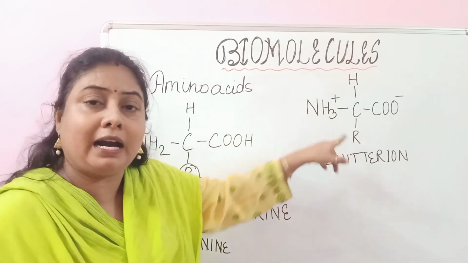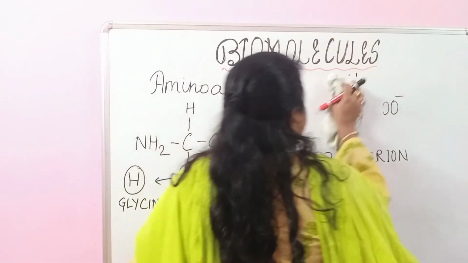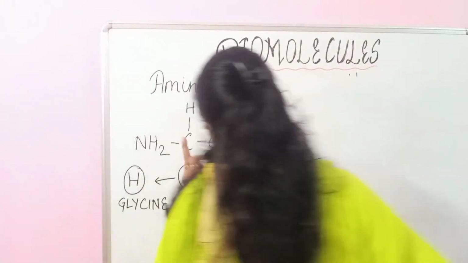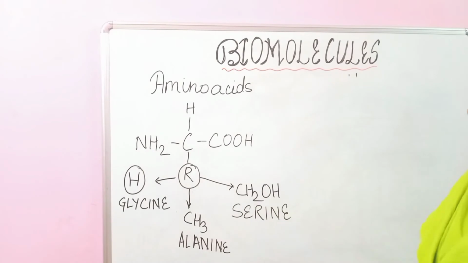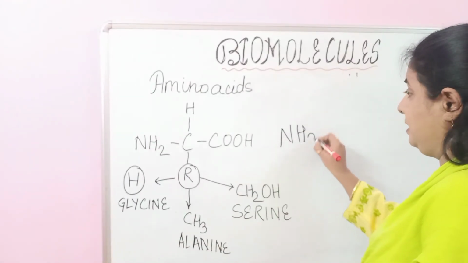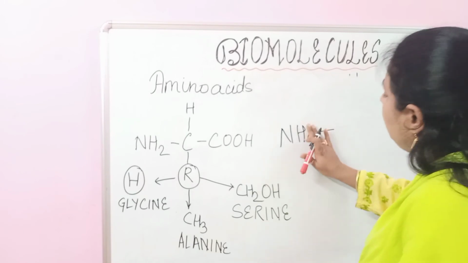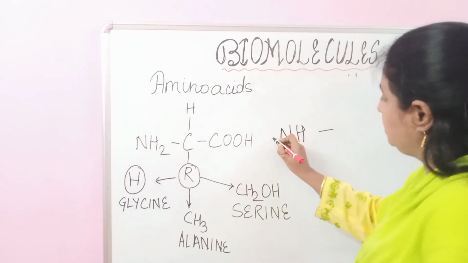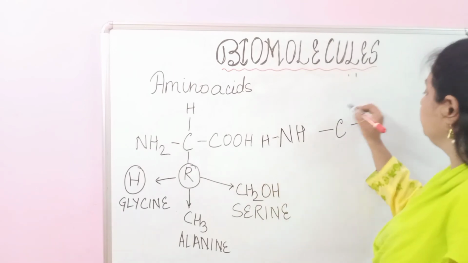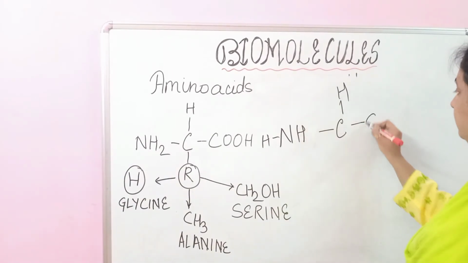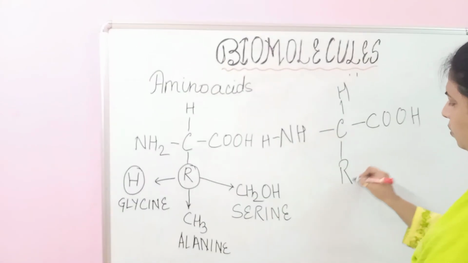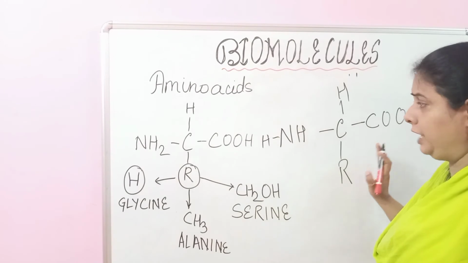So what do I mean by that? Suppose this is my one amino acid and I have another amino acid here. Let me write it in this way. It will be easier for you. Whatever R group may be there.